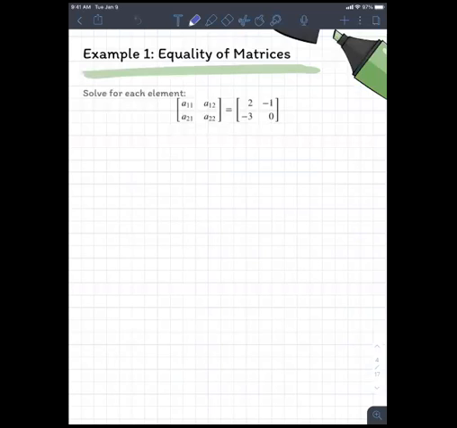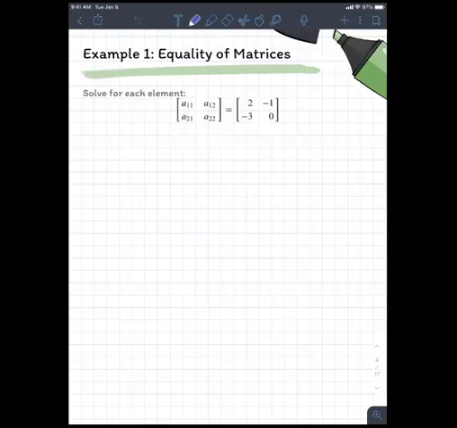If you think you can, tell me in the chat. What is A11? Great. Looks like you guys pretty much already know how to do that. So A11, this first element, corresponds to the number 2. So A11 would be 2. Cool? Nothing crazy. A pretty simple lesson.